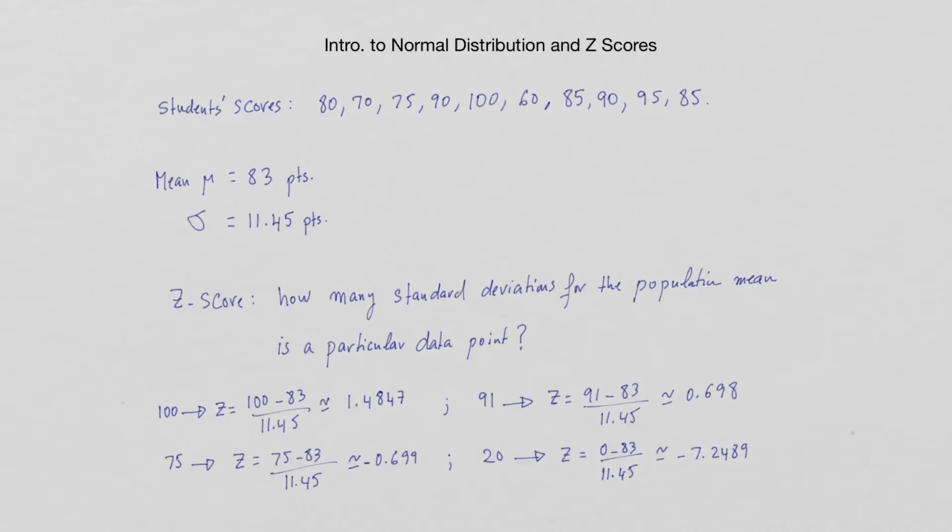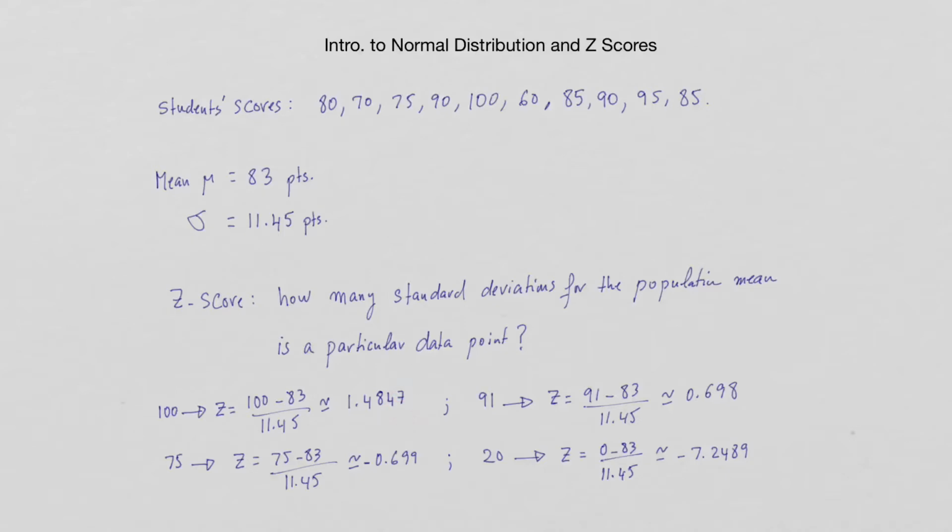You look at the difference, 100 minus 83, that gives me the 17, and you divide it by 11.45 to see how many of those 11.45 is 100 away from 83. And I found 1.4847. Does that make sense? Let's do another one.